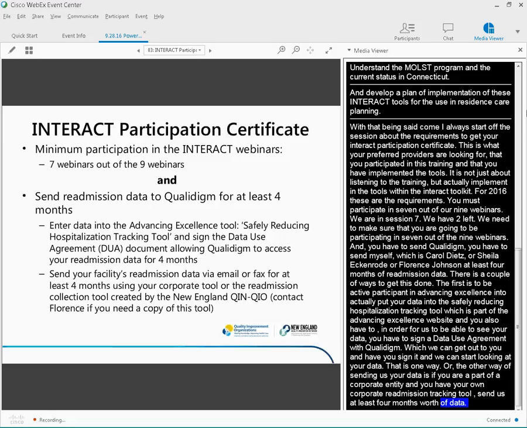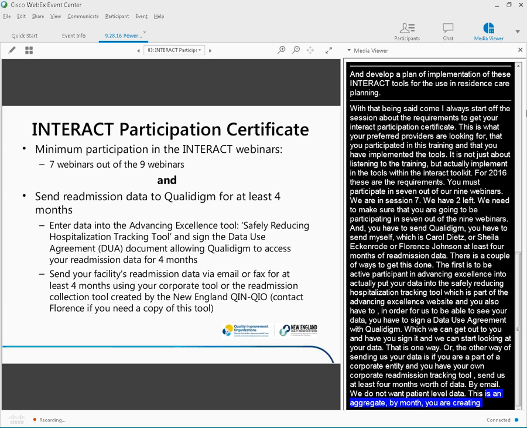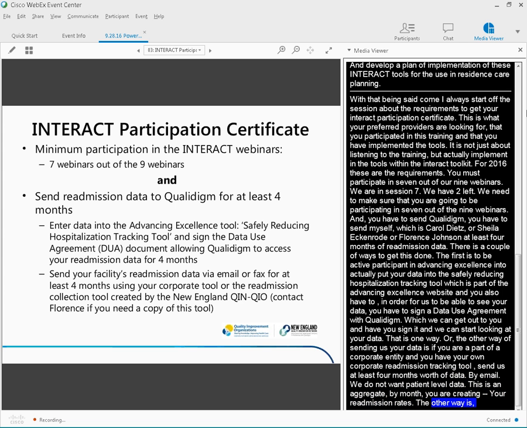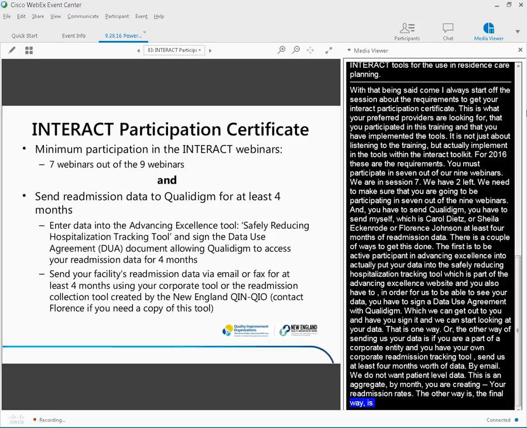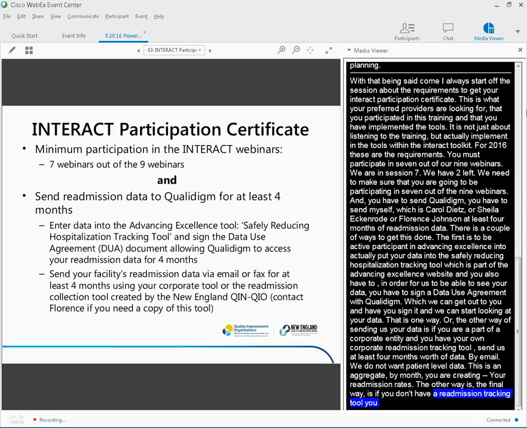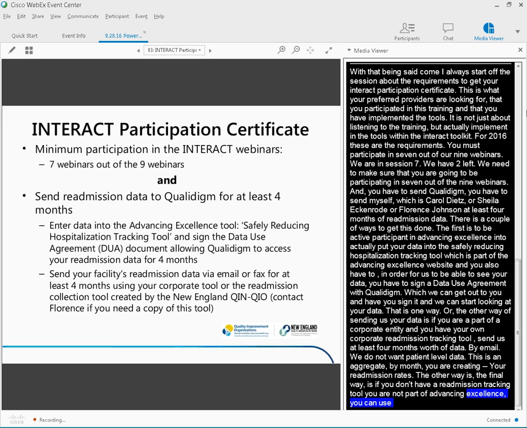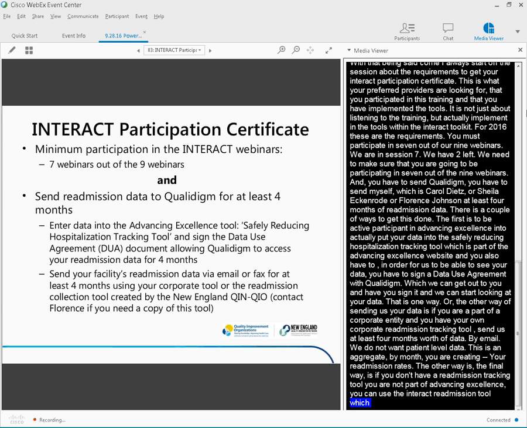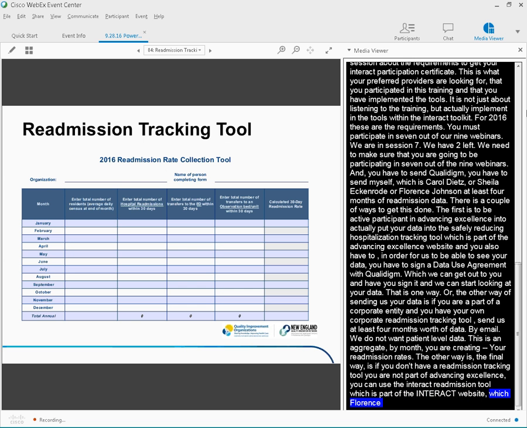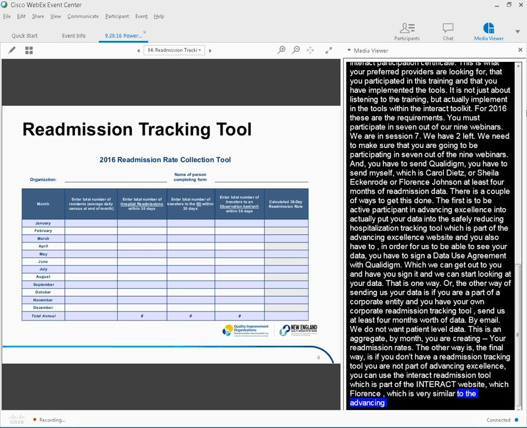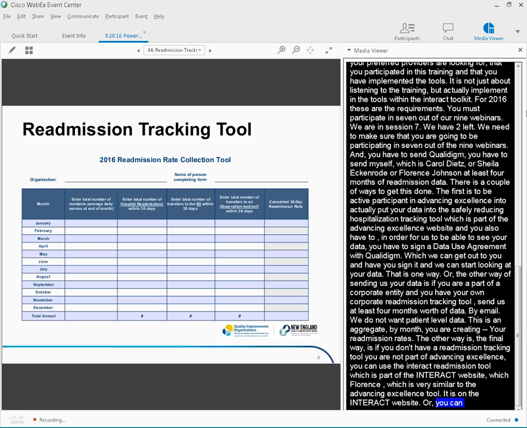Now, the final way is, if you don't have a readmission tracking tool and you're not part of Advancing Excellence, you can use the Interact readmission tool, which is part of the Interact website. It's very similar to the Advancing Excellence tool, but it's on the Interact website. Or you can use the readmission tracking tool that we developed for the nursing homes for this year.